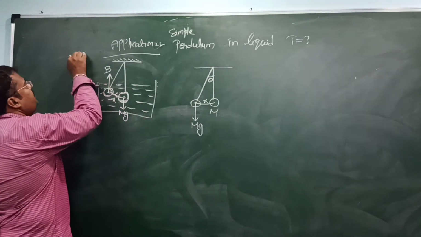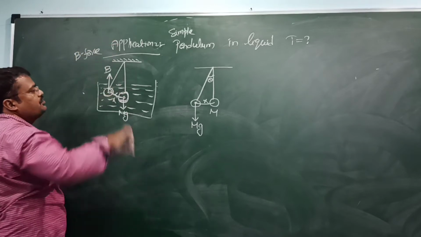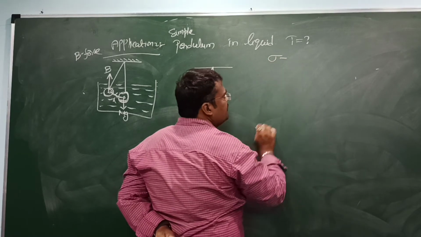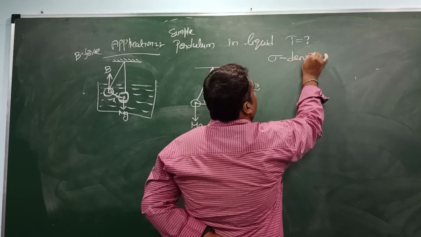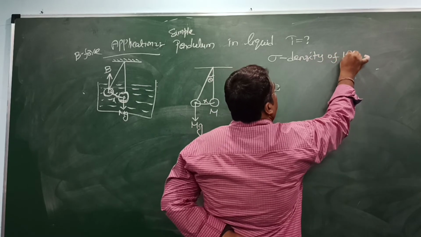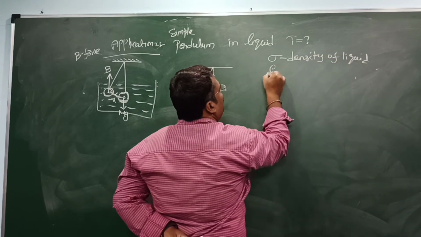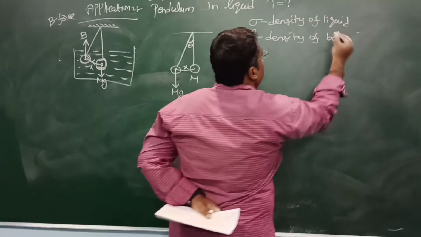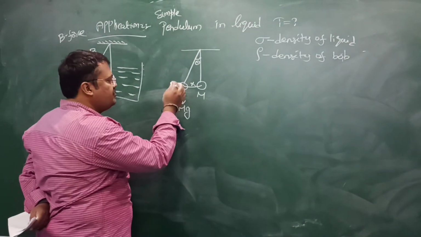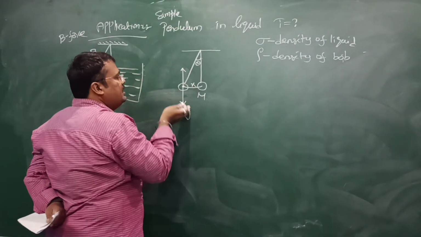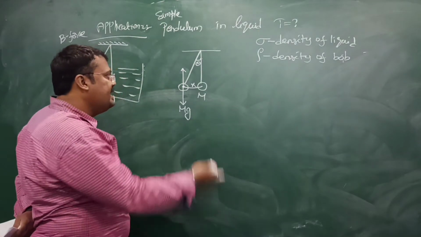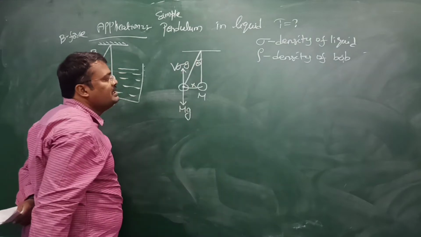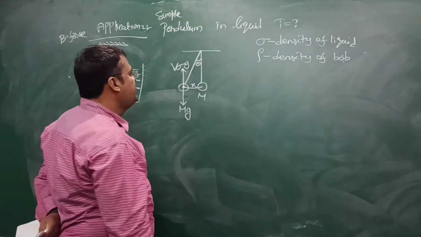So it is experiencing B force, buoyancy force also. Let us assume sigma is the density of liquid and rho is the density of the bob. Whenever liquid exerts a force on the bob, that buoyancy force is V sigma into G. This is nothing but the buoyancy force.